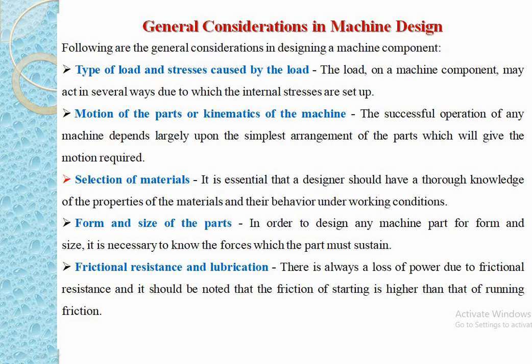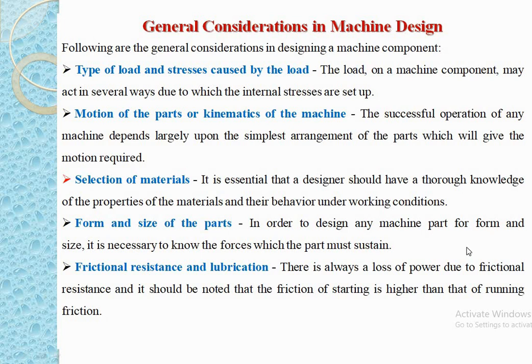Okay, so the next consideration is frictional resistance and lubrication. As we all know, when two rotary parts, or stationary and rotary parts, come into contact, there is friction between the two parts, and there is a loss of power due to this friction. To avoid the loss of power, we need to take into account how we can reduce this frictional resistance, and this can be reduced by proper lubrication.